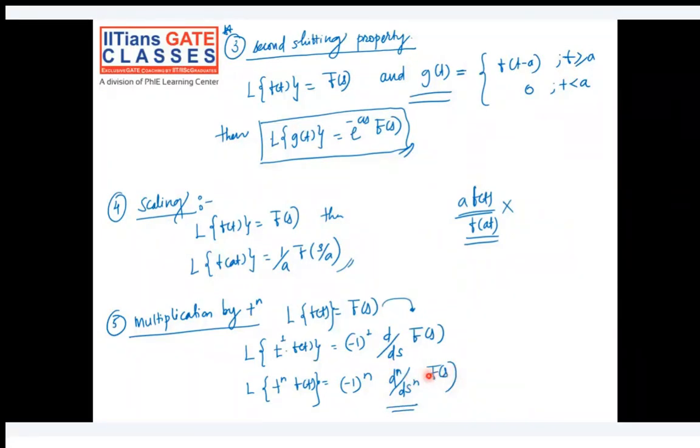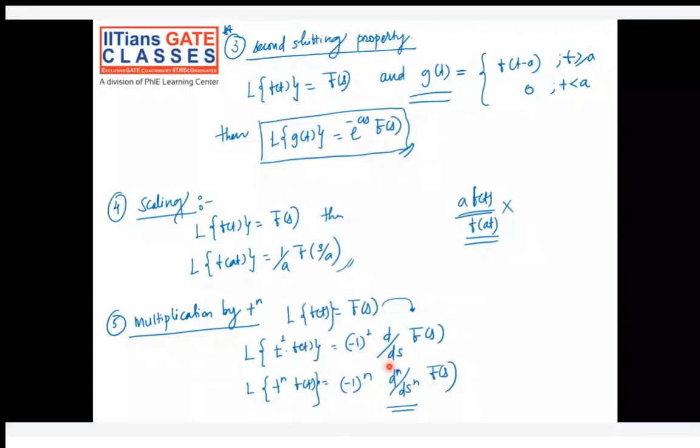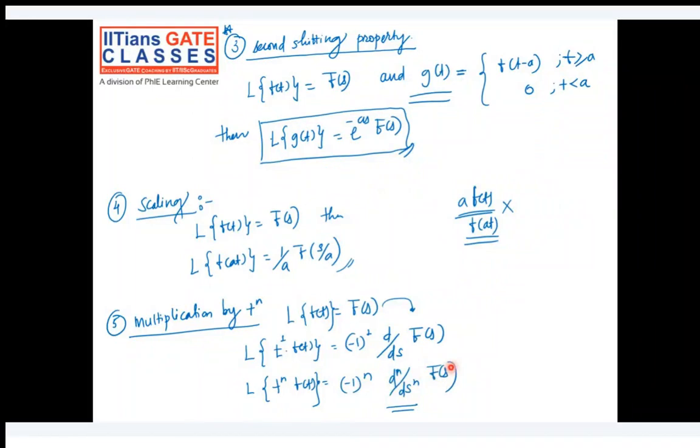So for example, here t cube f of t is there, then minus 1 raised to the power 3, triple derivative, that is d3 by ds cubed of f bar of s. 3 times differentiation of f bar of s. That is how things will go. Okay. So whenever you are multiplying with a t, you have to come up with the differentiation in the Laplace transform. Similarly, if you are dividing with t, the integration will come into the Laplace transform.